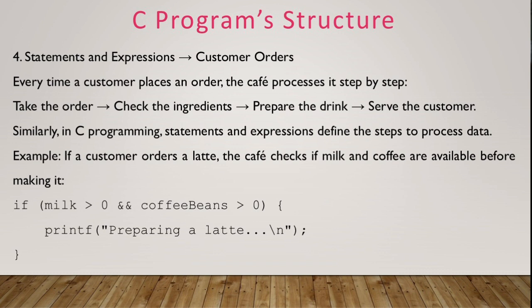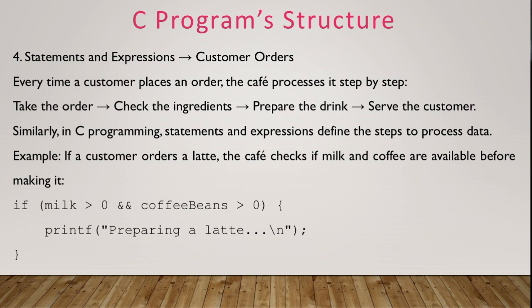Example: if a customer orders a latte, a kind of coffee drink, the cafe checks if milk and coffee are available before making it. So how can you give instructions? You can see the statement I have written: if milk is greater than 0, that is, we have milk, since 0 means no milk.